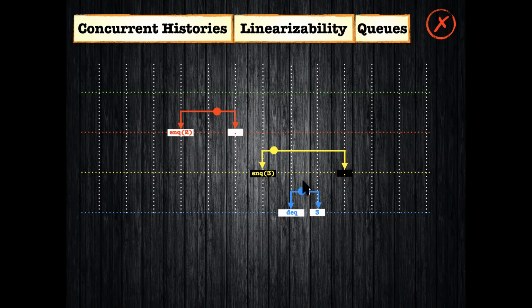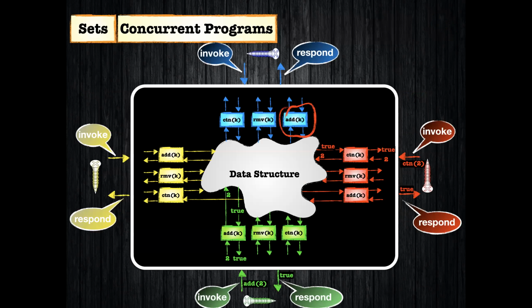Because I cannot find any linearization, even one, whose sequential history satisfies the abstract data type Q. So if you don't have any questions up to now, I'll just continue.